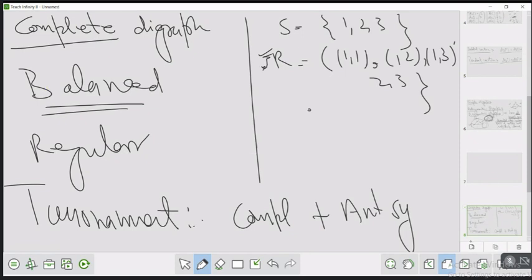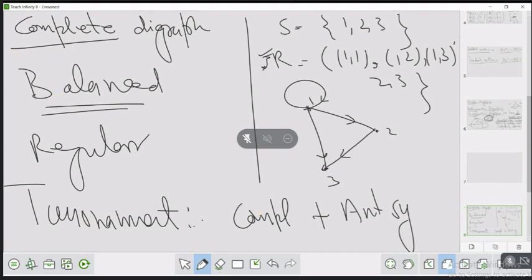Here 1, 2, 3. Since (1,1) means 1 is incident on 1, I can write a loop here. (1,2), this direction. (1,3), this direction. (2,3). So from a relation we can obtain a directed graph, and also a relation matrix. Yesterday I told you.